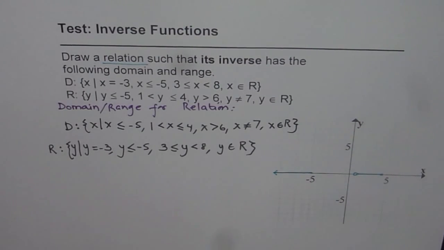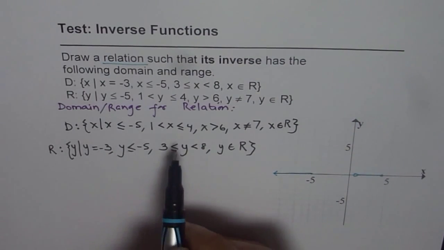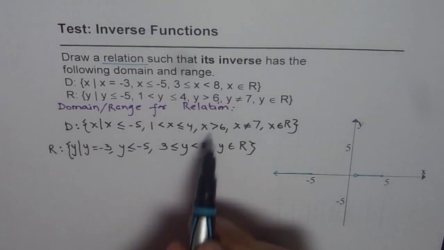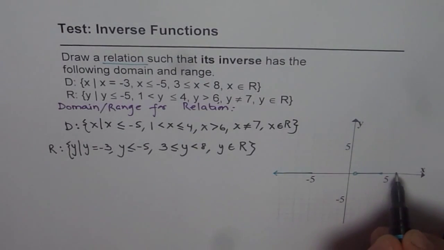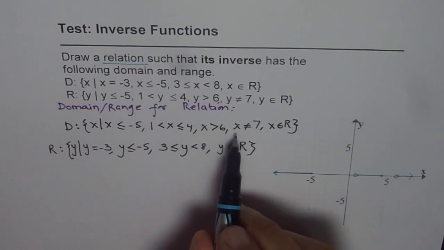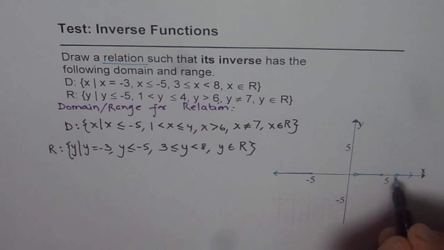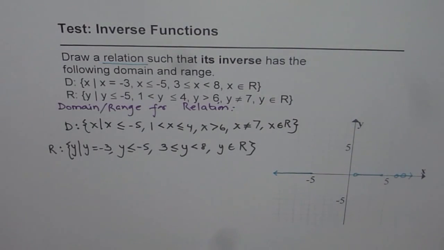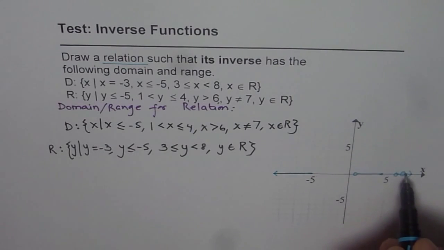So that becomes another part of our domain. And then we say x is greater than 6, anything which is greater than 6, not including 6, right? But x is not equal to 7 also, so 6 is not included, 7 is not included, so we have a hole there also, right? So that becomes the domain for us, right?